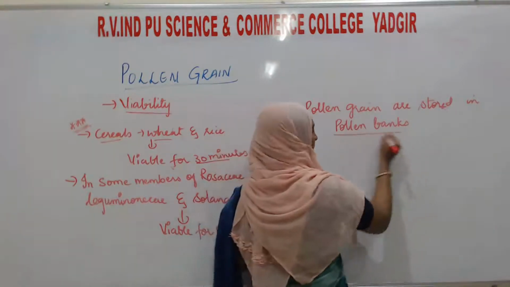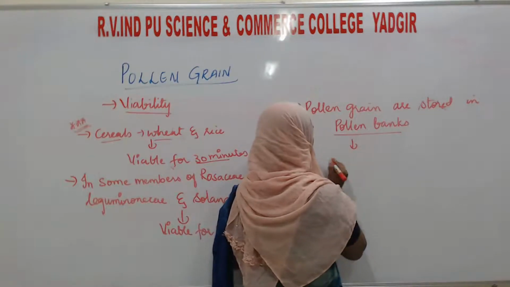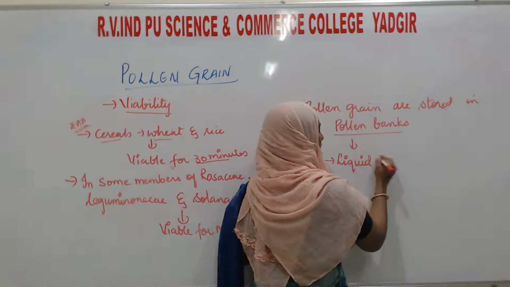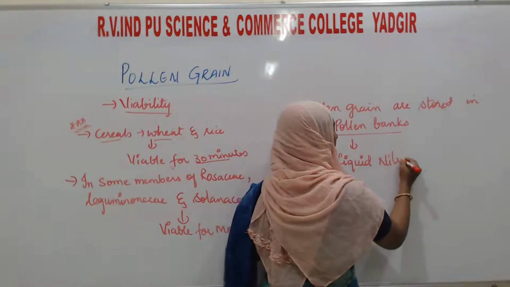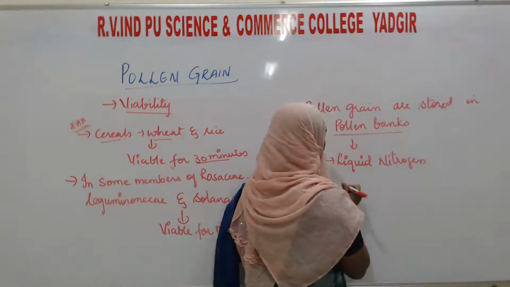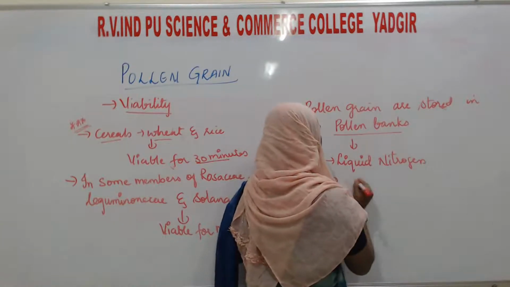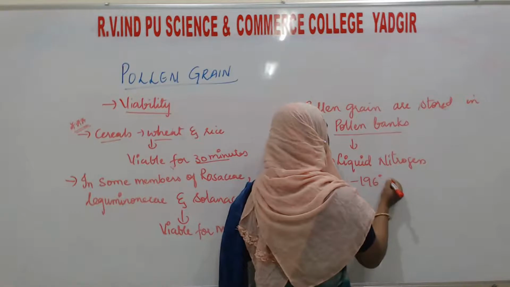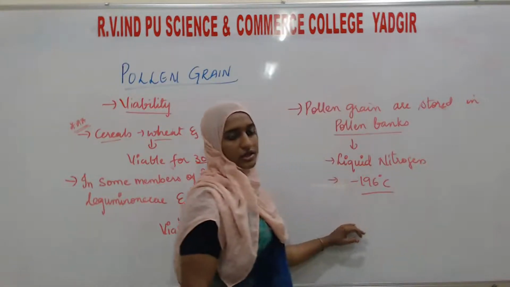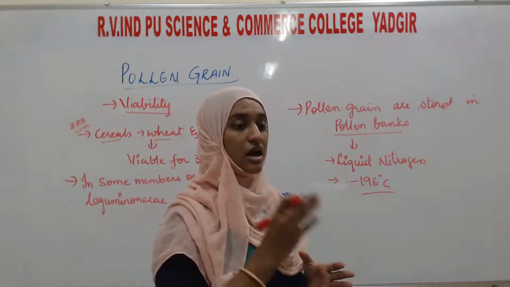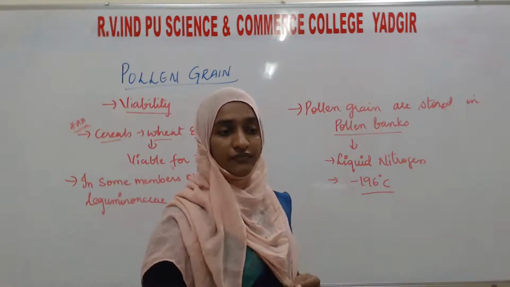In the pollen banks, they are stored in liquid nitrogen, where the temperature is minus 196 degree Celsius. At this temperature, they store a large number of pollen grains of different species.